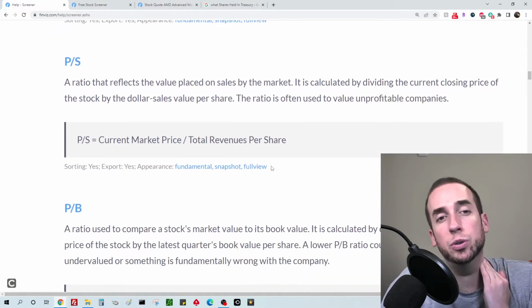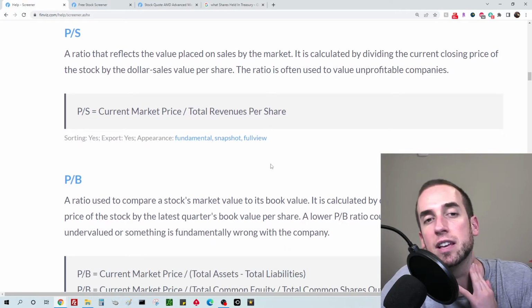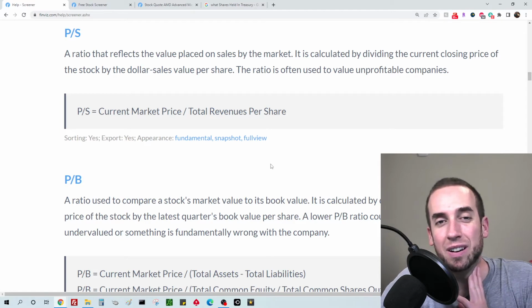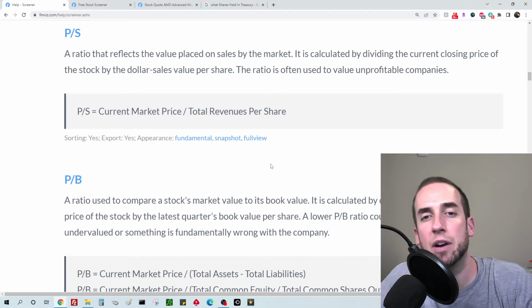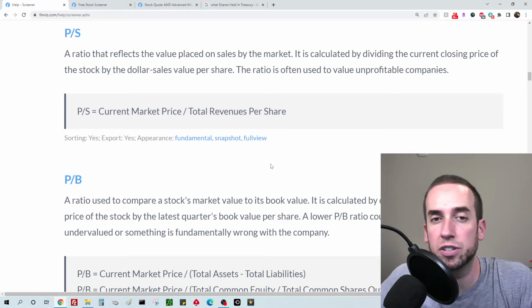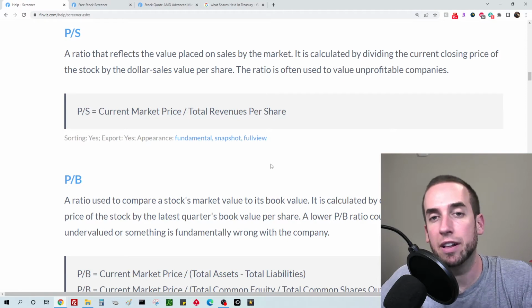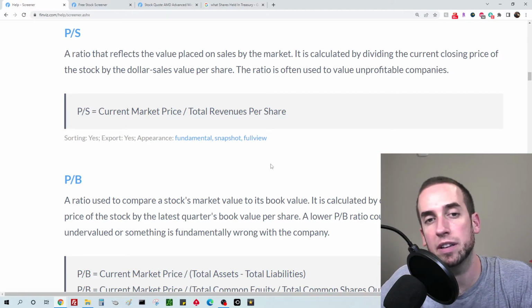All right, going down to PS, which is a ratio that reflects the value placed on sales by the market. It is calculated by dividing the current closing price of the stock by the dollar sales value per share. The ratio is often used to value unprofitable companies. So PS equals current market price divided by total revenues per share.